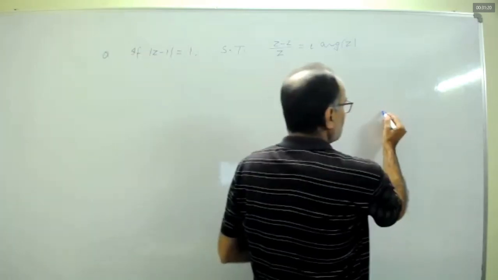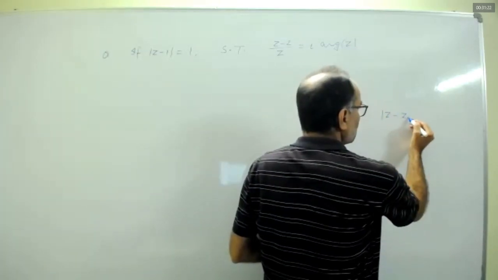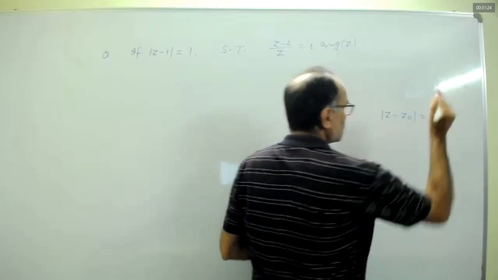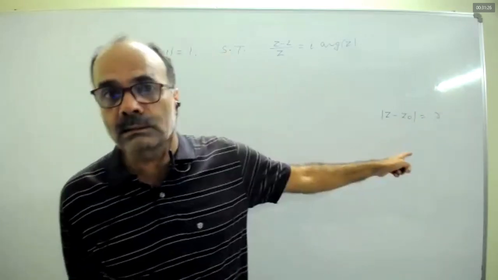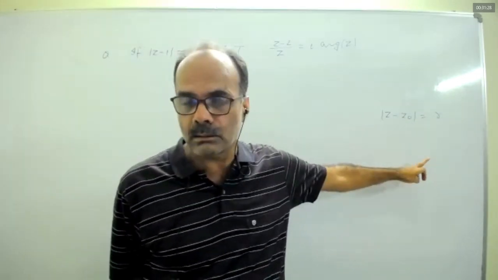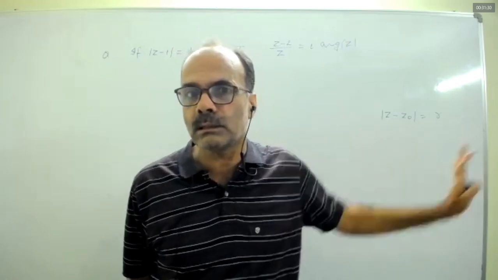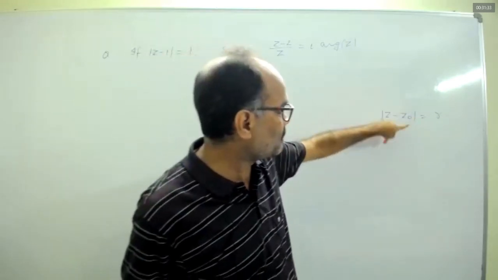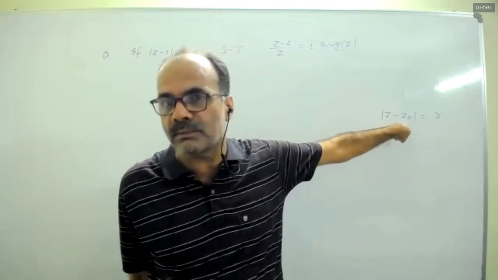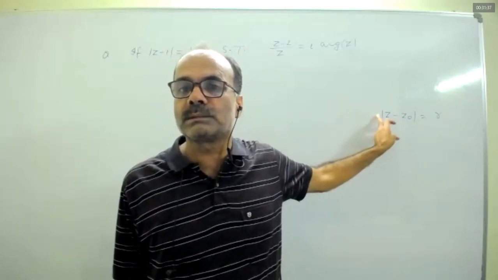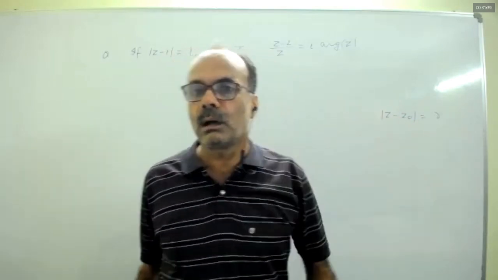Earlier I told you what this means: the locus of z is a circle centered at z0, where z0 is a given fixed complex number. The distance from z to z0 is always r.